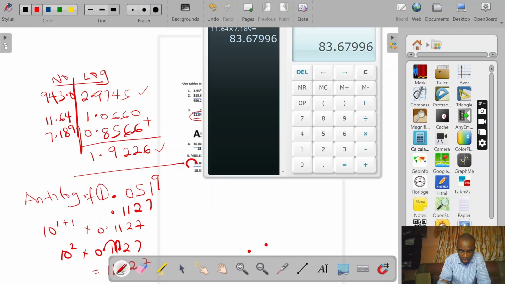Again is 83.67996. Don't forget the numerator is 943. I'm dividing 943 by this answer.